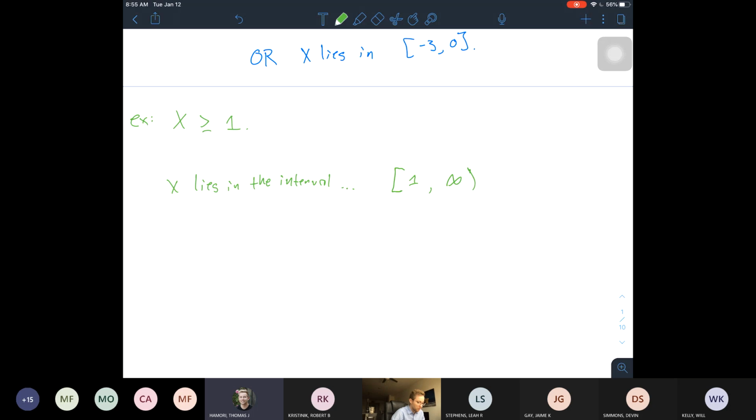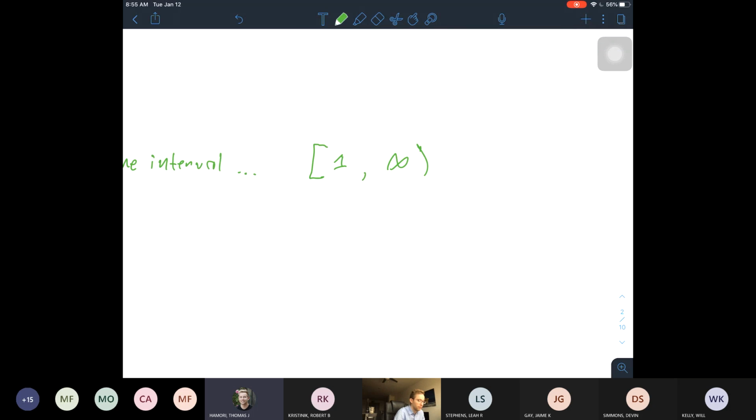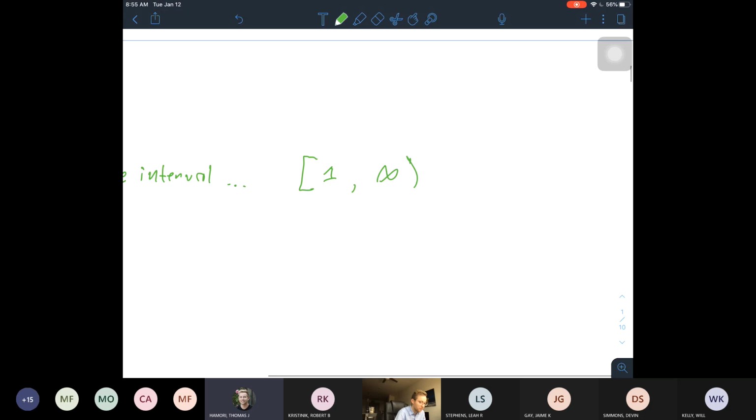And the reason why we always use a parentheses with infinity is because infinity is not actually a number, right? What we're saying here is, if we have our number line, we have the number 1 here, and we're saying that our bracket is just going like this on and on forever. If we were to put a bracket here, it's kind of like saying that eventually there's a point where, okay, that right there, that's the point infinity.